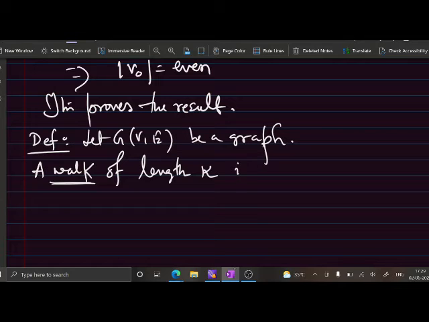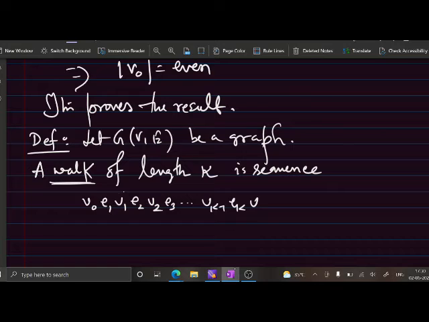This is a sequence of vertices and edges. You take V0, and V1 will be connected through E1. I put it in the middle. Then V1 and V2 will be connected through E2, and then E3, then Vk minus 1, Ek, and it is Vk.